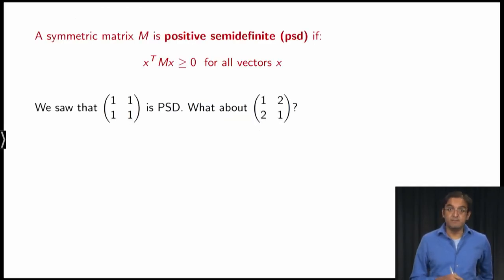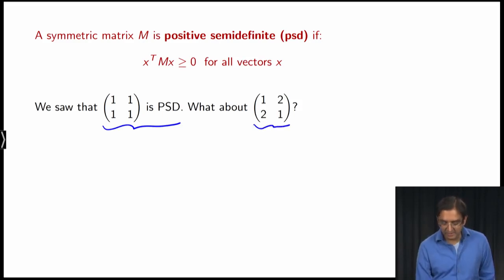So let's look at an example. Okay, so we've seen that this matrix is positive semi-definite. We just worked through that example. What about this other matrix over here? Is that positive semi-definite as well?